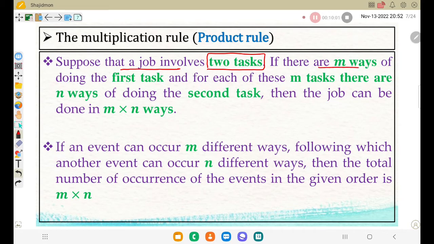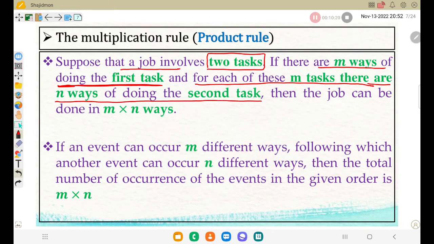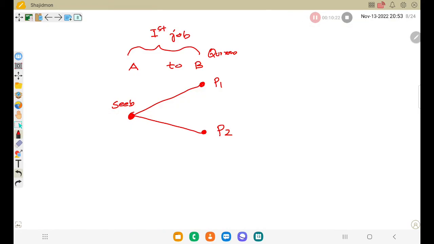If there are m ways of doing the first task, that means we have two routes for going from place Seeb to Kuram, and for each of these m ways there are n ways of doing the second task. What is my second task?